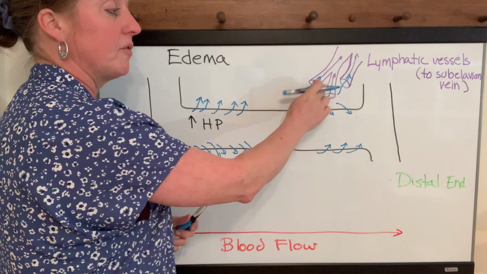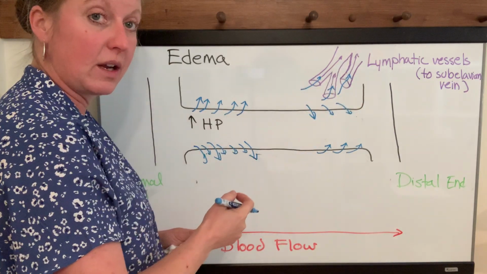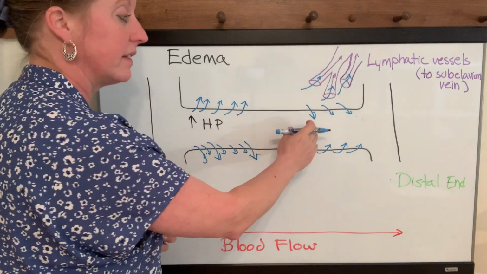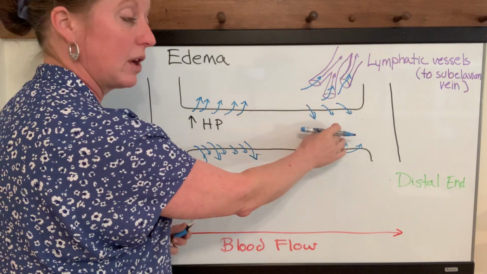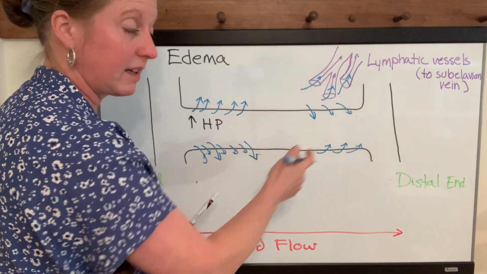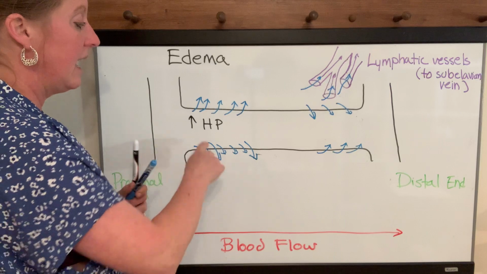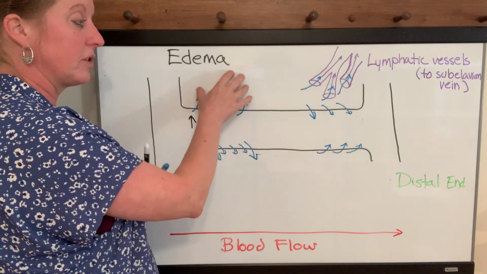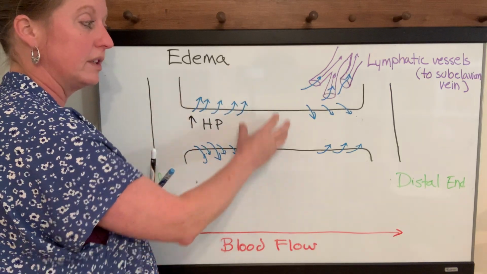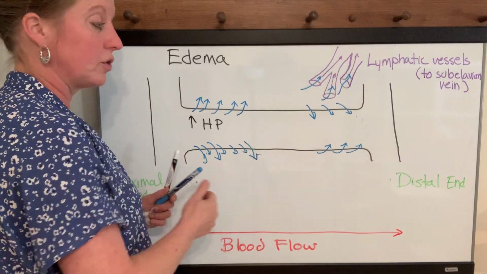And since the lymphatic vessels can't necessarily take away the excess fluid, and since the colloid oncotic pressure is the same and can only attract the same amount of fluid back, increased hydrostatic pressure is going to result in more fluid staying in the interstitial space.